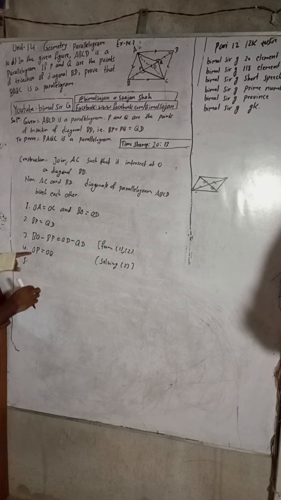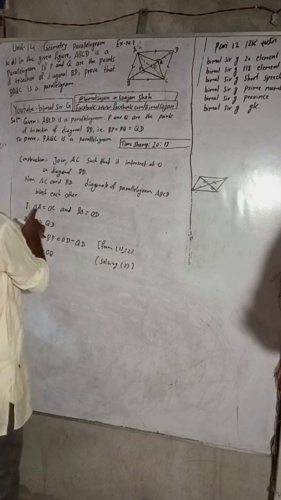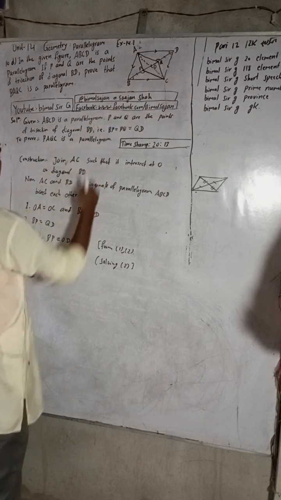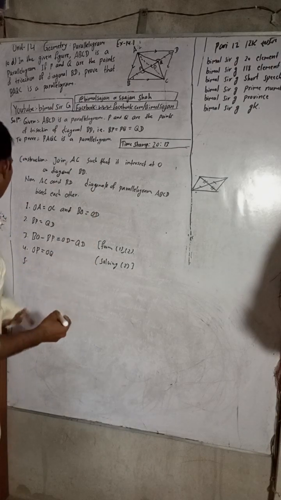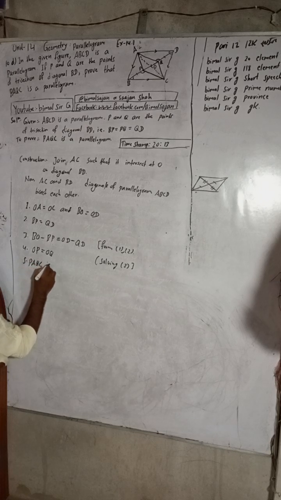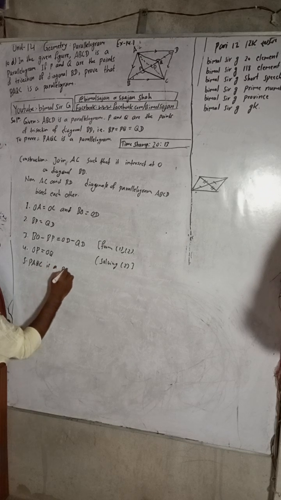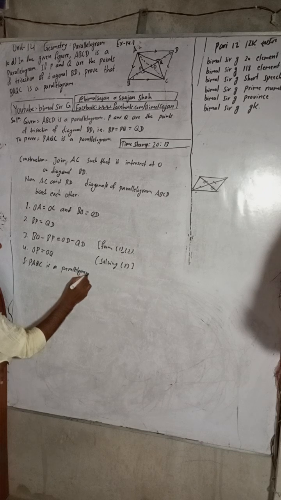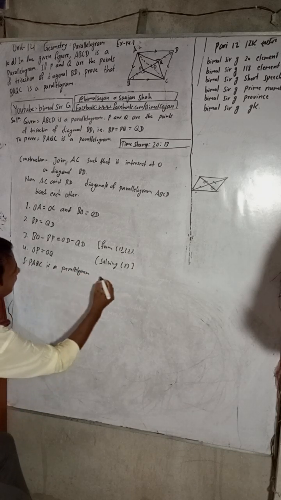And number 5: OP is equal to OQ and OA is equal to OC. So now we can write, therefore PAQC is a parallelogram. Why?